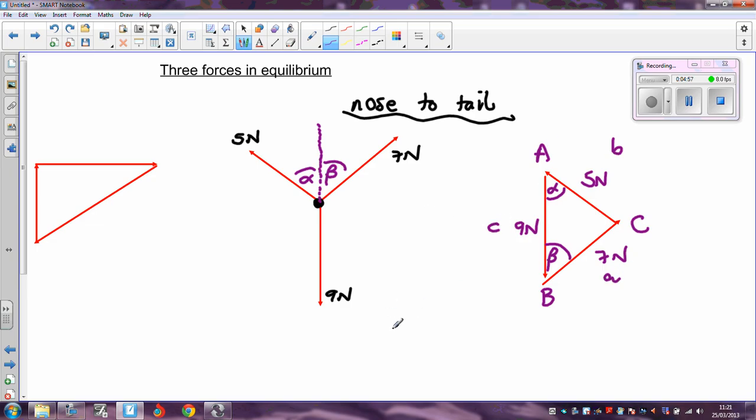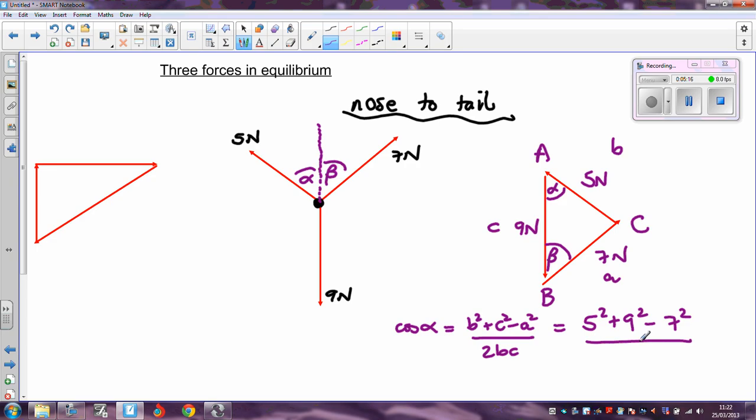By the cosine rule, then, I can see that cos alpha is going to equal b squared plus c squared minus a squared, divided by 2bc. So that's going to be 5 squared plus 9 squared minus 7 squared, divided by 2 times 5 times 9.